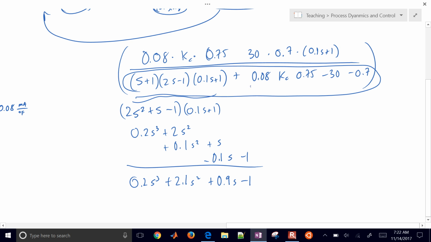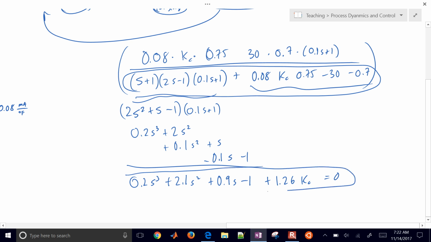Then if I multiply everything together, that gives me plus 1.26 kc. So here's my polynomial from the denominator, and I'll set that equal to 0 and find the roots of that. When any of the real parts are positive, then I'll know it's unstable.